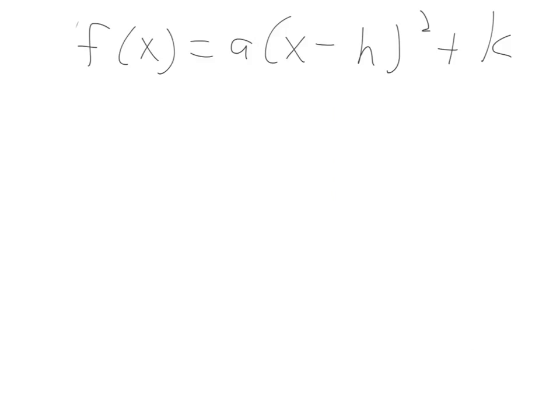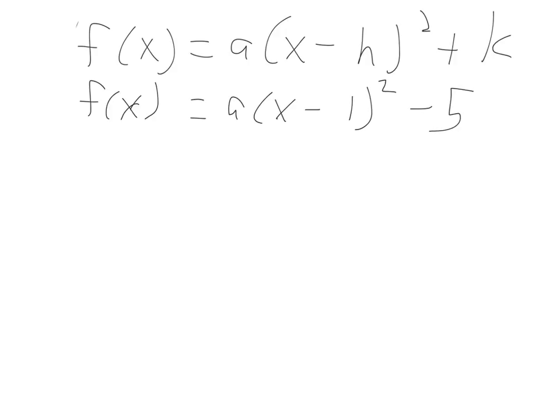Alright, and we know the vertex was 1, negative 5, so it'd be a times x minus 1, because since the point was 1, negative 5, we would change the sign on the x-coordinate, so it'd be minus 1, and then minus 5.